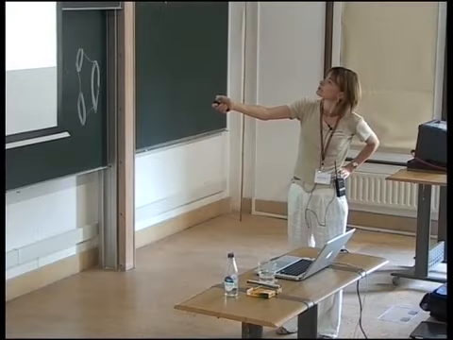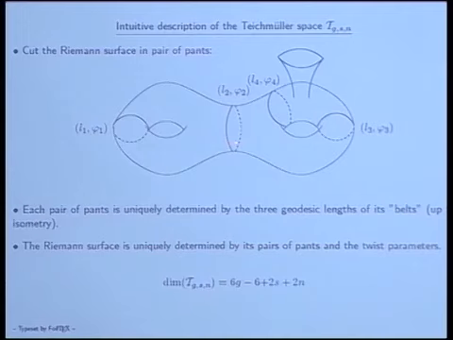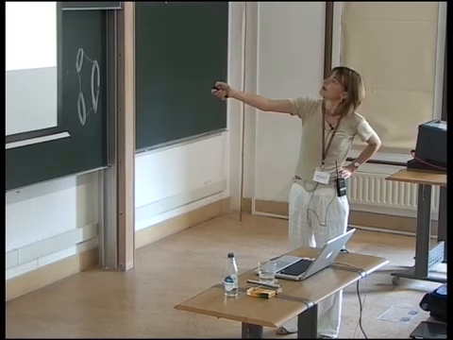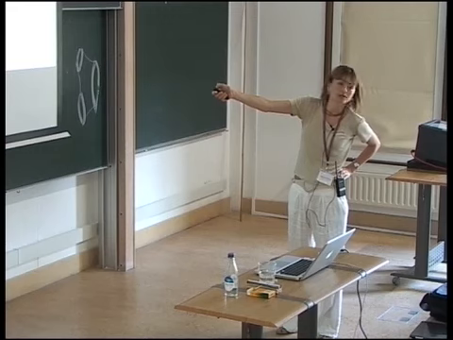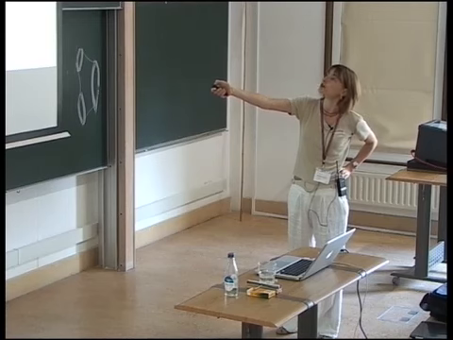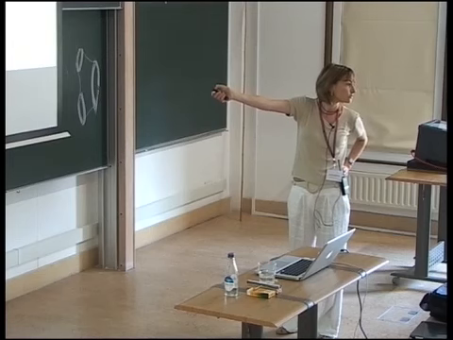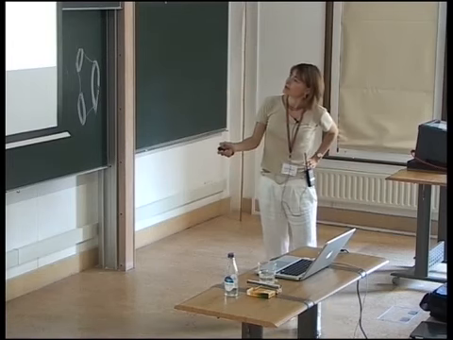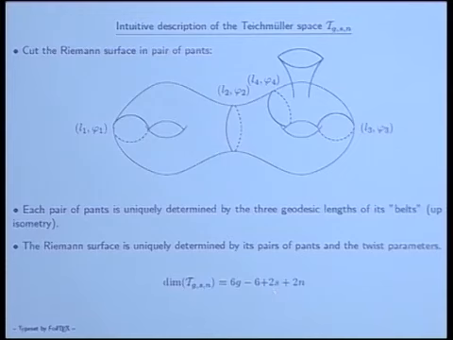Then I have this one, and then I have the one as before. Okay? However, in this case, you see, I have no twist parameter there, and the geodesic length is fixed. So adding 1 hole only adds two variables, right? So in general, if S is the number of holes, I add 2S.